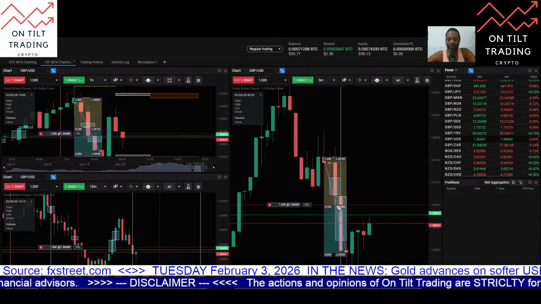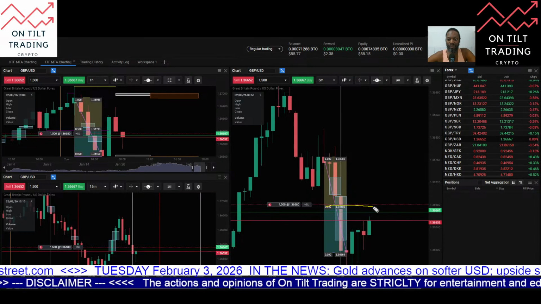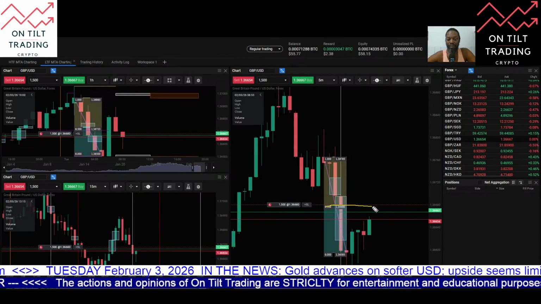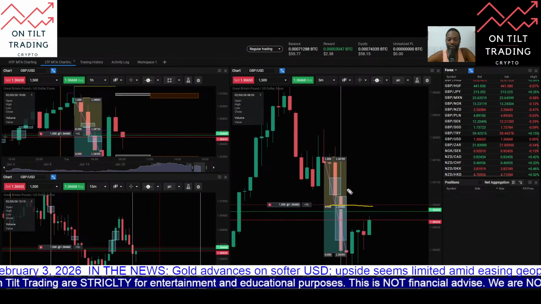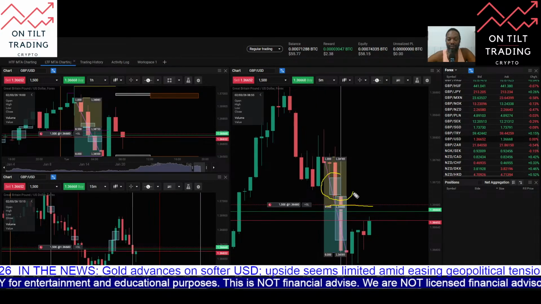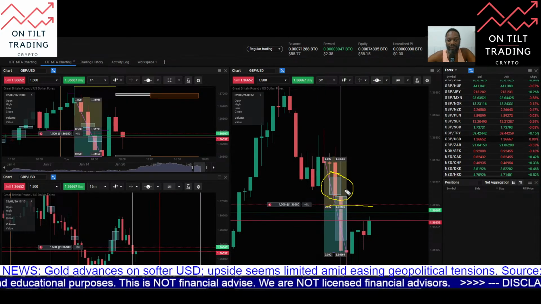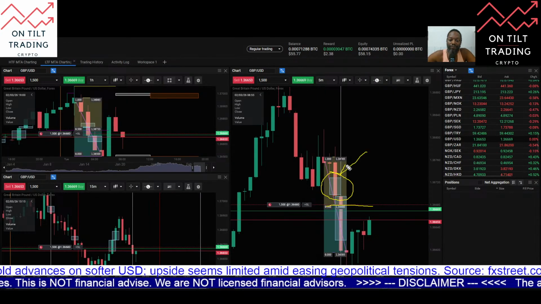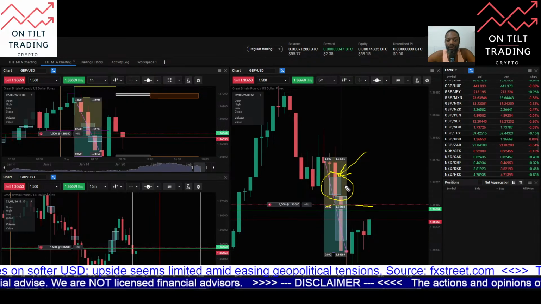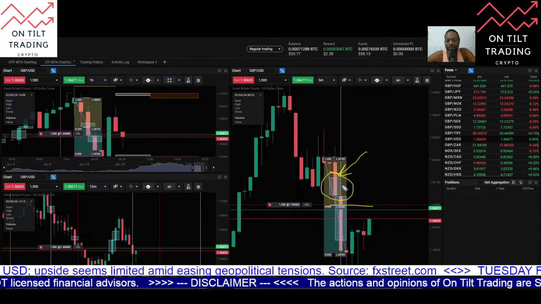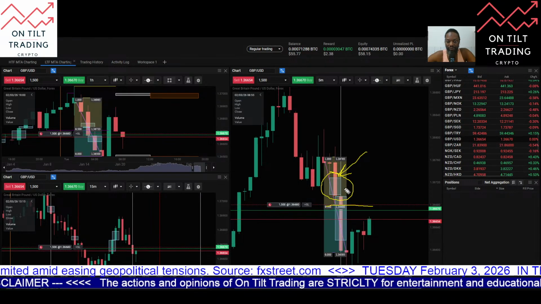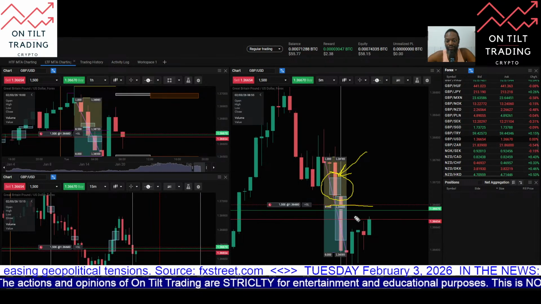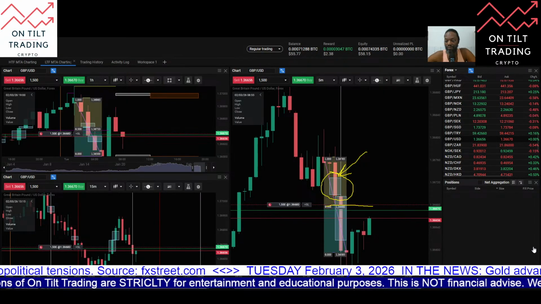For example, right now I'm choosing this equilibrium level, but I can also choose this untapped fair value gap right here. So this bearish fair value gap, or this sell side imbalance, buy side inefficiency, has not been traded into, so I can choose this as a potential entry.